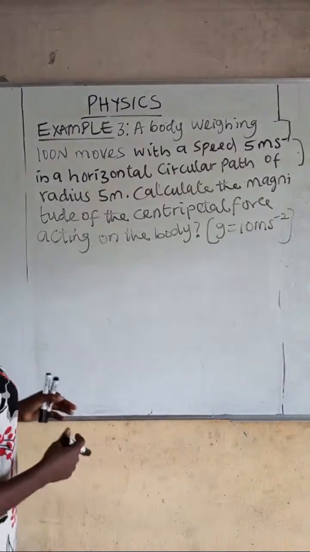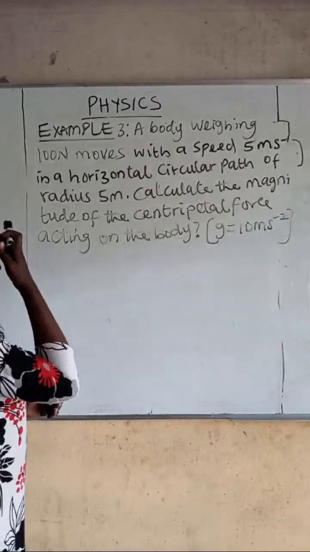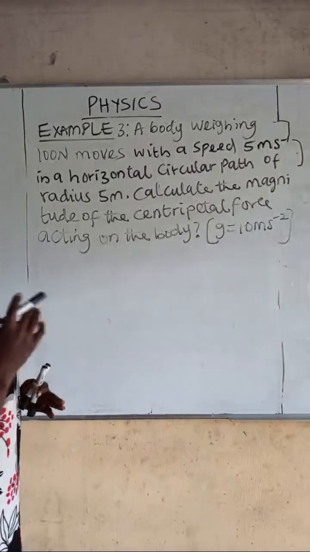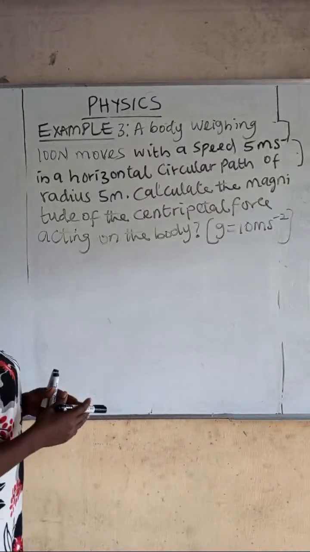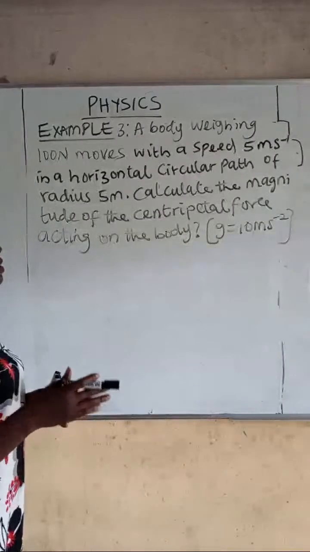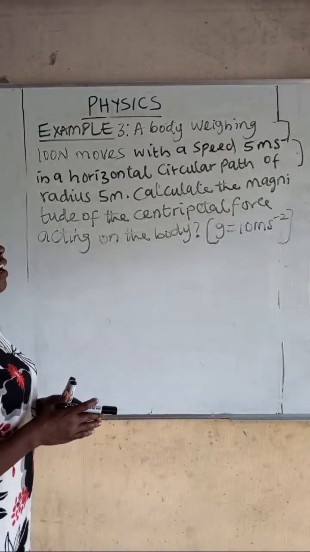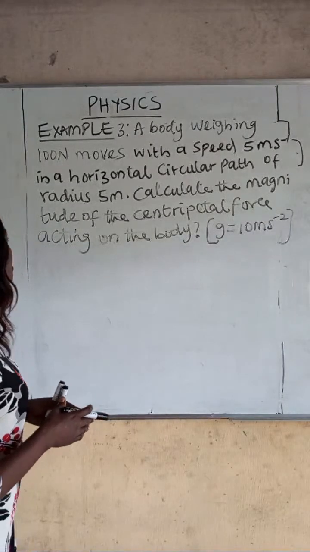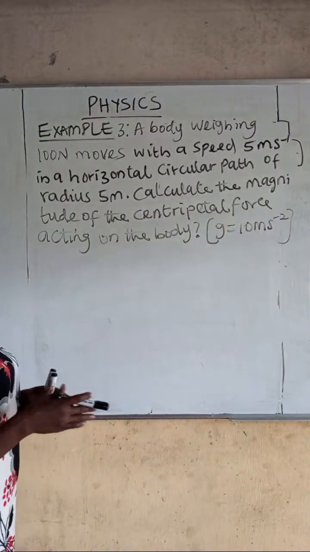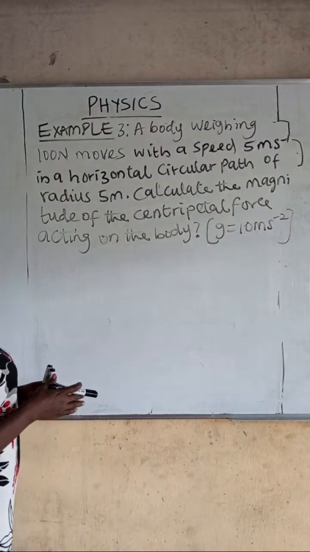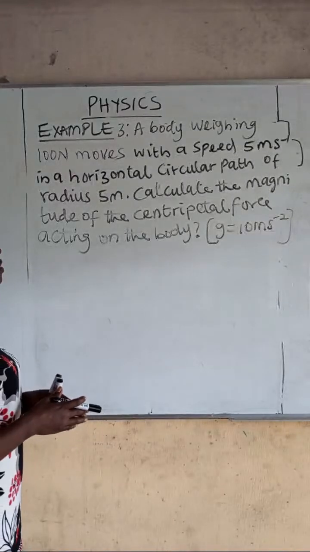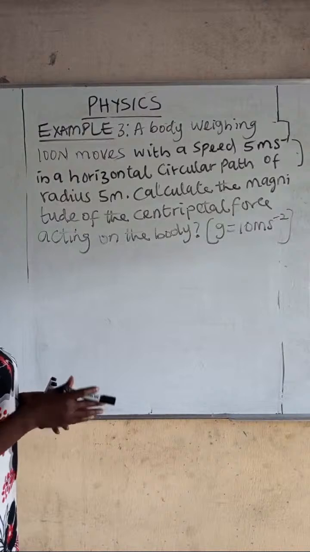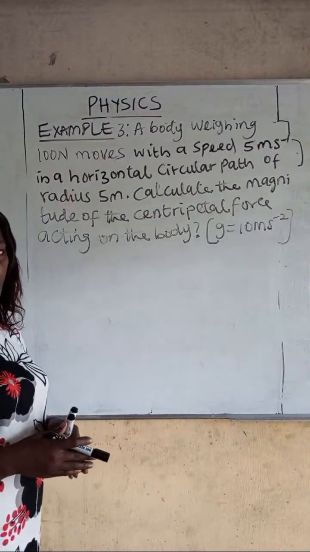All right. The question says, a body weighing 100 Newton moves with a speed of 5 meters per second in a horizontal circular path of radius 5 meters. Calculate the magnitude of the centripetal force acting on the body.